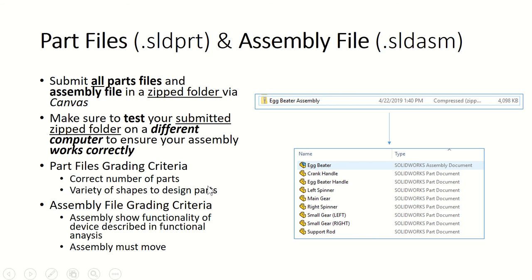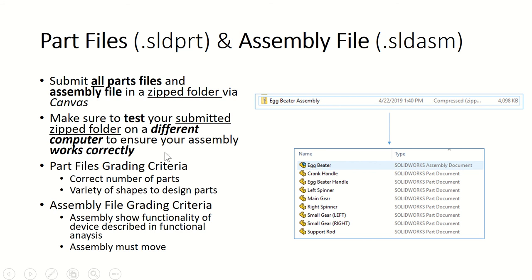taken away. When you submit this one, you're actually going to submit these 2 together in a zip file. So it should look like this, okay? Egg beater assembly. And then when I open the egg beater assembly, I can see here's the assembly and here's all the different part files. So there's 1, 2, 3, 4, 5, 6, 7, 8 parts in one assembly file.